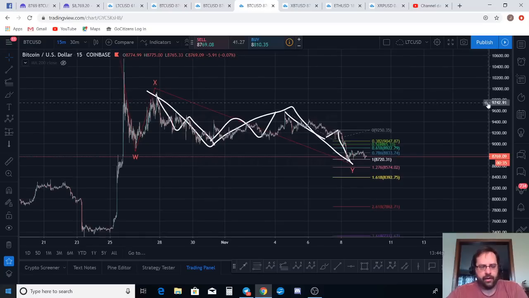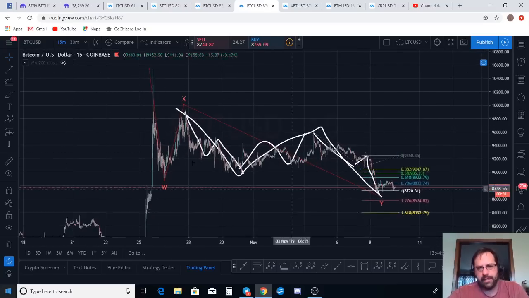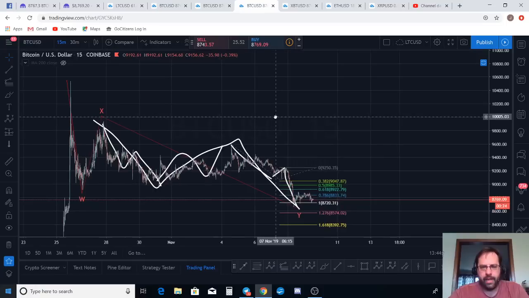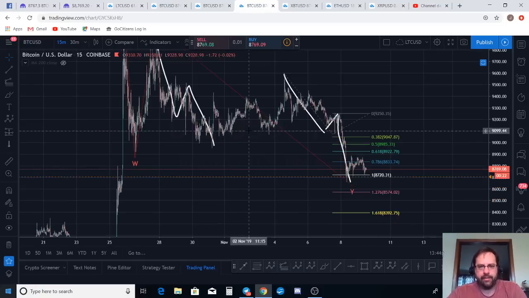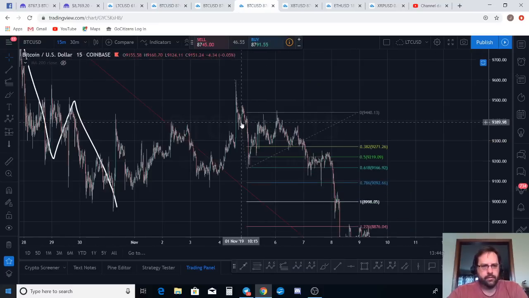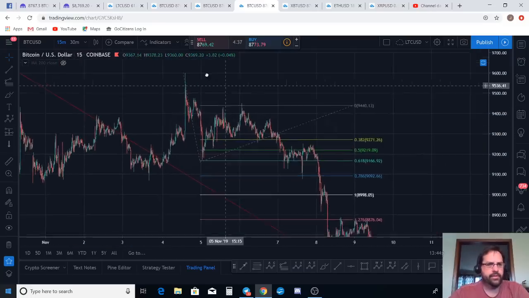So what that would be is we have a finished structure here, okay? We've got an A, a B, and a C, or a W, X, and a Y. That's actually a W, X, and a Y, and that's finished, done. What would that mean if that's correct? If my interpretation is right and it's done, what are we looking at now? Let's see if we can check it out.